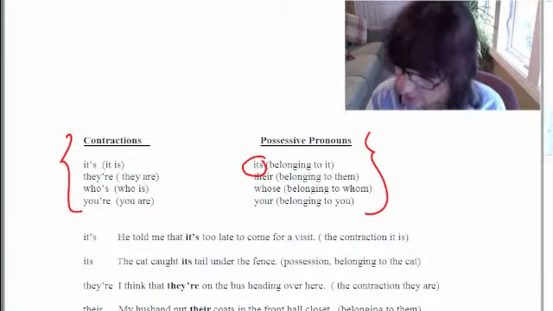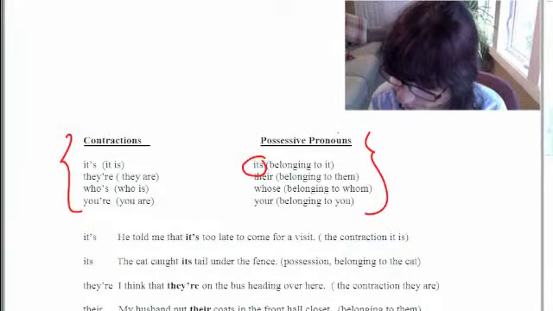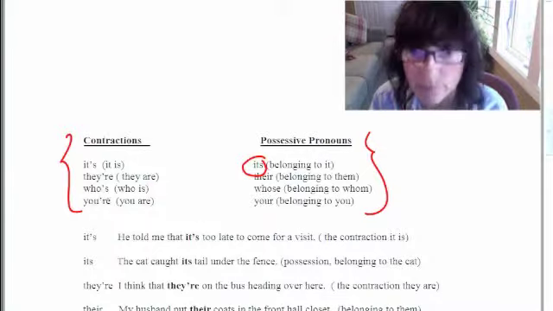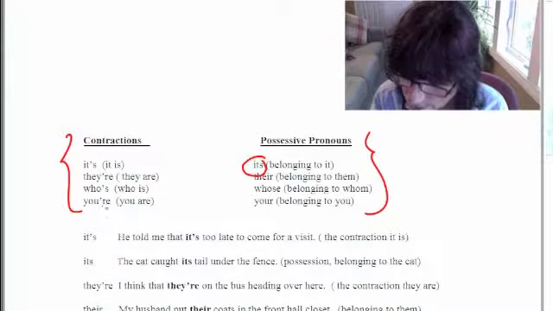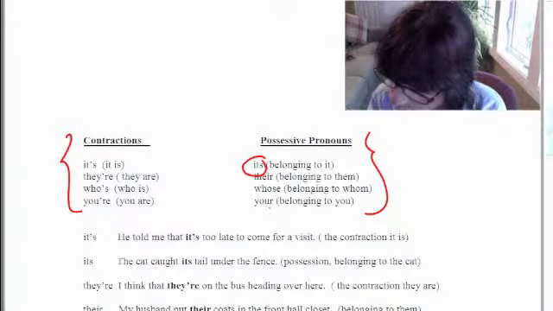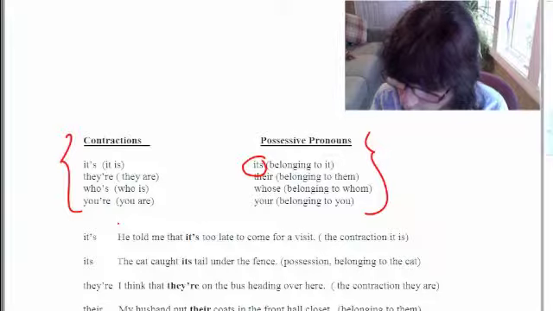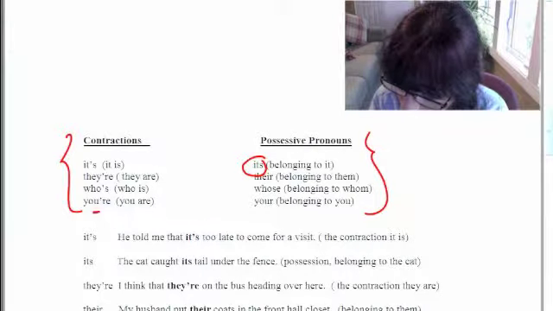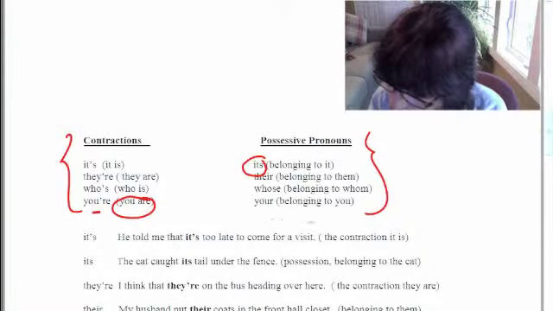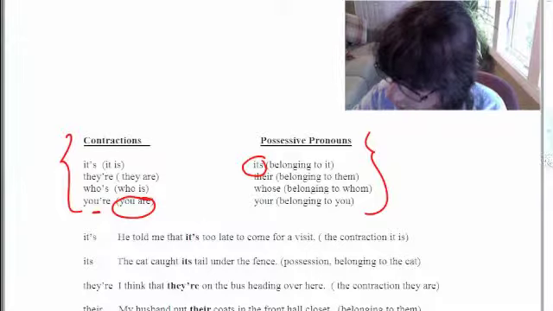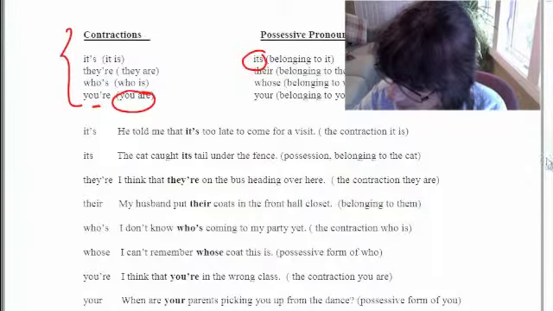But their means belonging to them, and it's the possessive pronoun. Who apostrophe s is the contraction who is, and whose means belonging to whom. And the last one I've outlined for you is you apostrophe re. The apostrophe means it's two words, meaning you are. And your, without the apostrophe, is the possessive pronoun, meaning belonging to you.